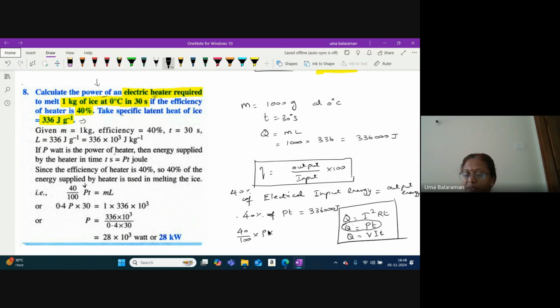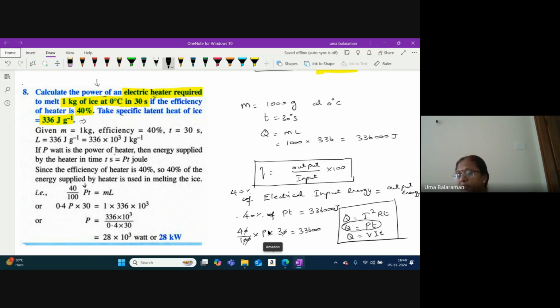You missed the T. Time is 30 seconds. 40% of P into T is equal to 336000. So cancel the 0.